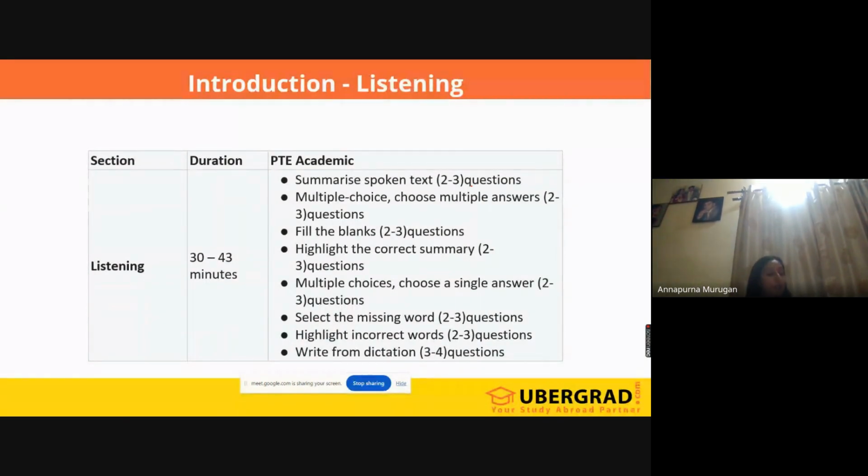That means you need to listen to the speaker, and you need to present how this person is speaking. Here also we follow the same trend, which is that within one sentence you need to completely present these particular things. Then we'll have multiple choice questions.